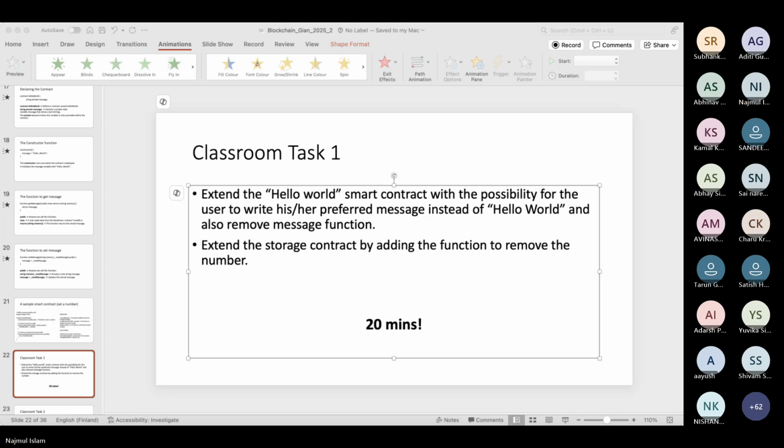And now I will send the next one, removing the number. Yeah, so this is removing the number.